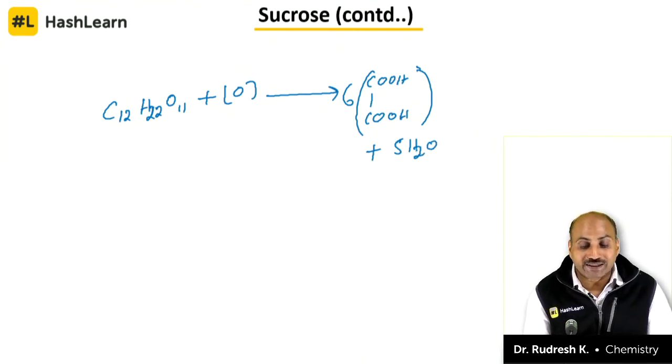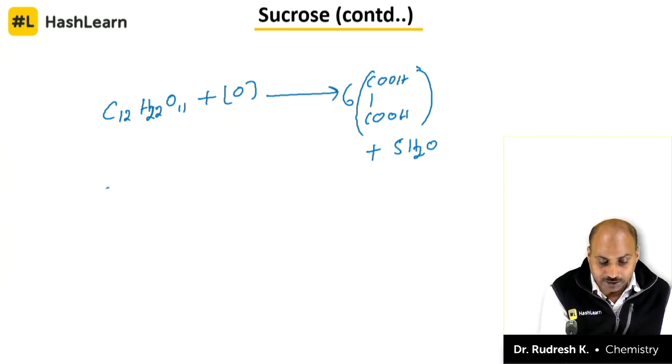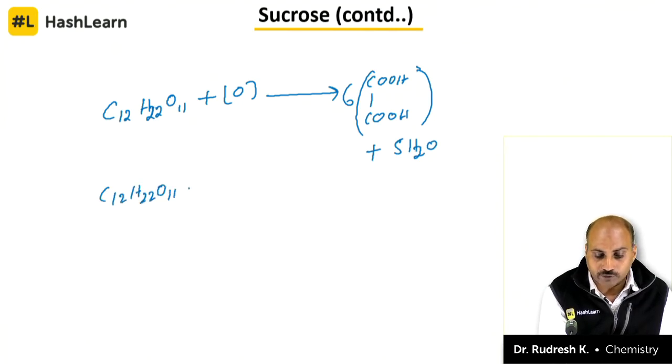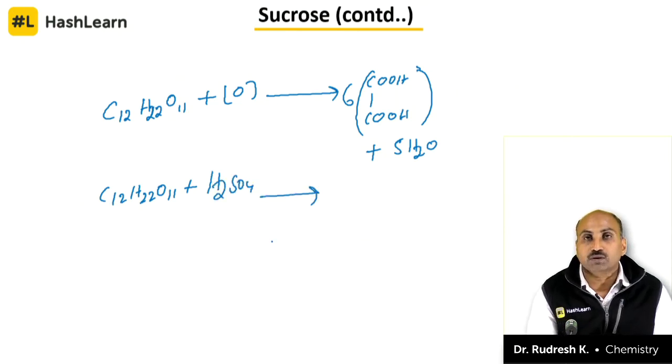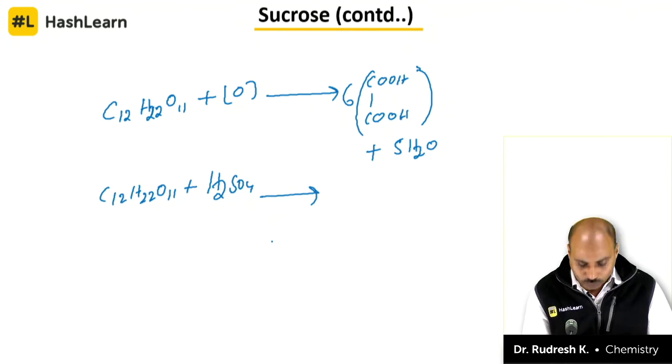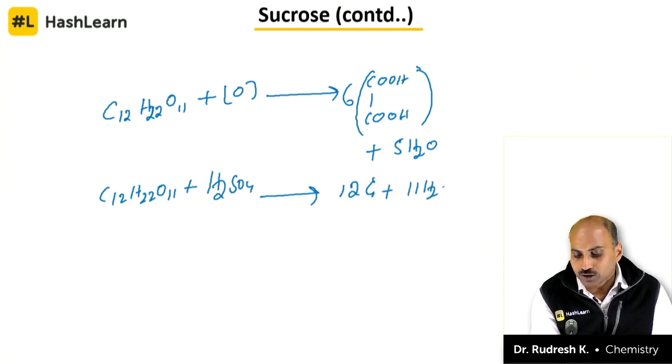Next, if I do the dehydration reaction, that means removing the water or the hydroxyl from this, C12H22O11 undergoes dehydration. This is usually done in the presence of sulfuric acid, because all of you know that sulfuric acid likes H and OH minus heavily. Thereby it forms a product of 12 carbon plus 11 H2O.